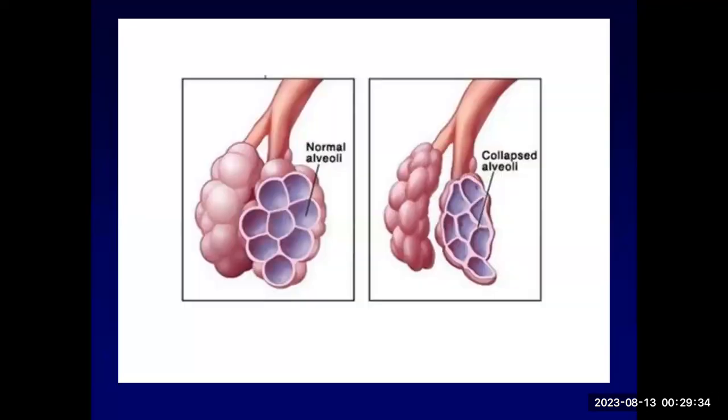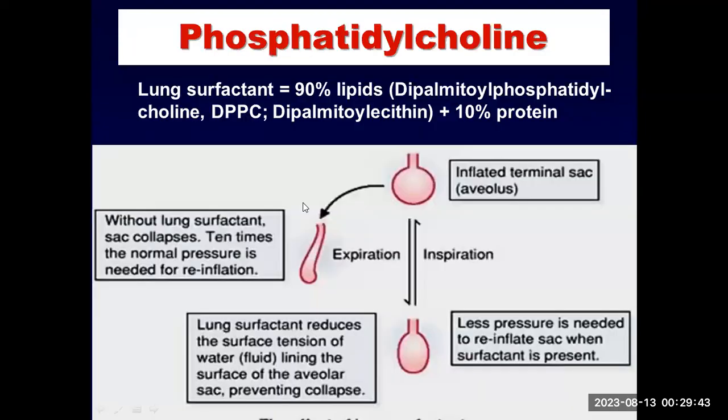How it works, you can write here. Collapsed alveoli and normal inflated alveoli. Phosphatidylcholine is the one which is the surfactant. Lung surfactant is 90% lipids, dipalmitoyl phosphatidylcholine, plus 10% protein.